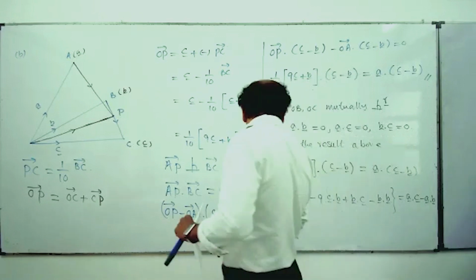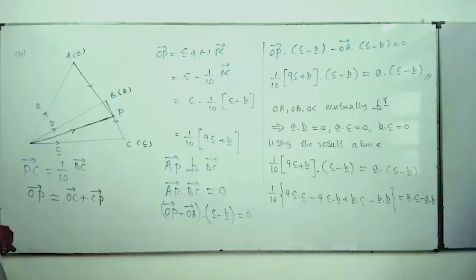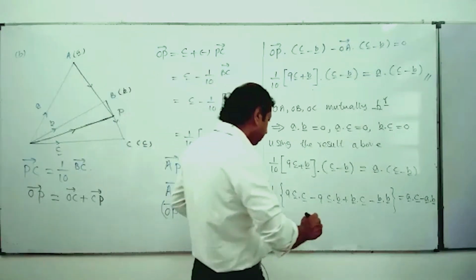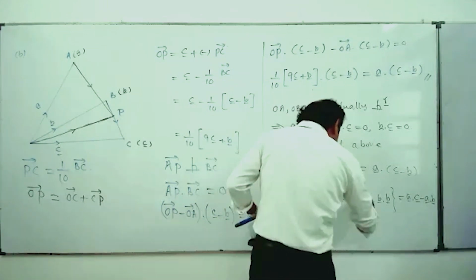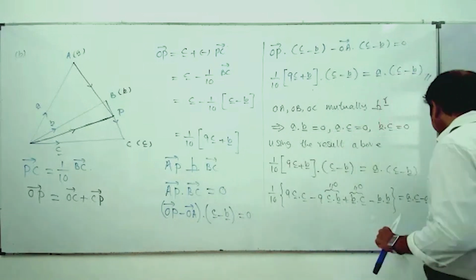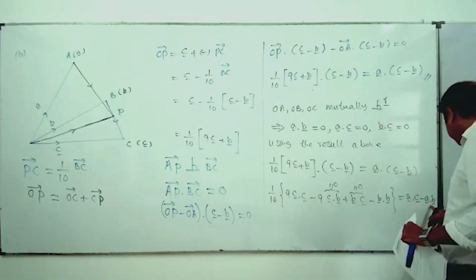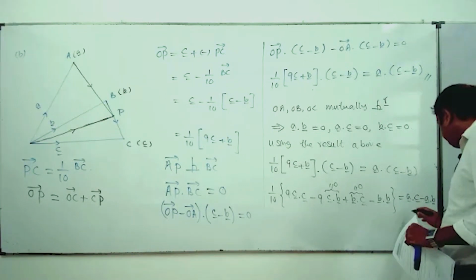You know b dot c is 0, this also 0. A dot c and a dot b are also 0, no? Then the right hand side will be 0.